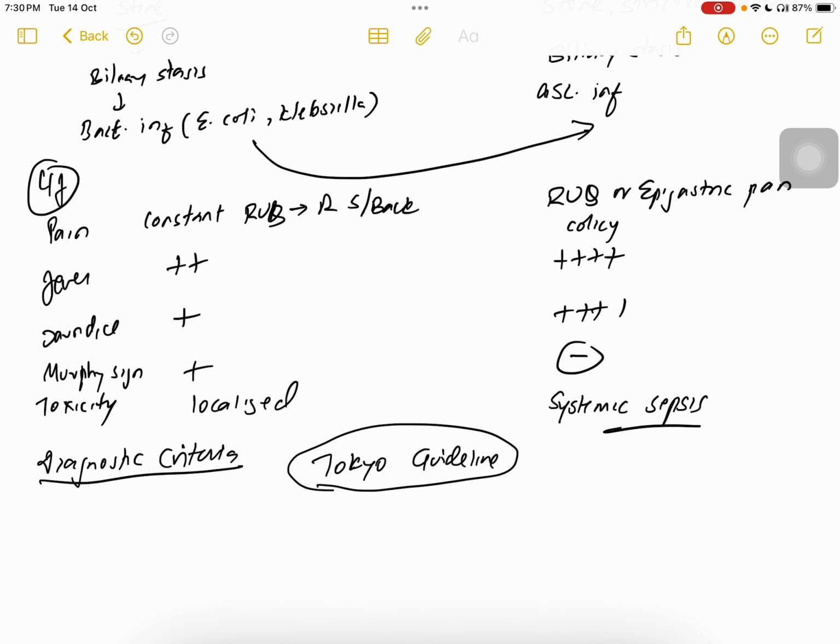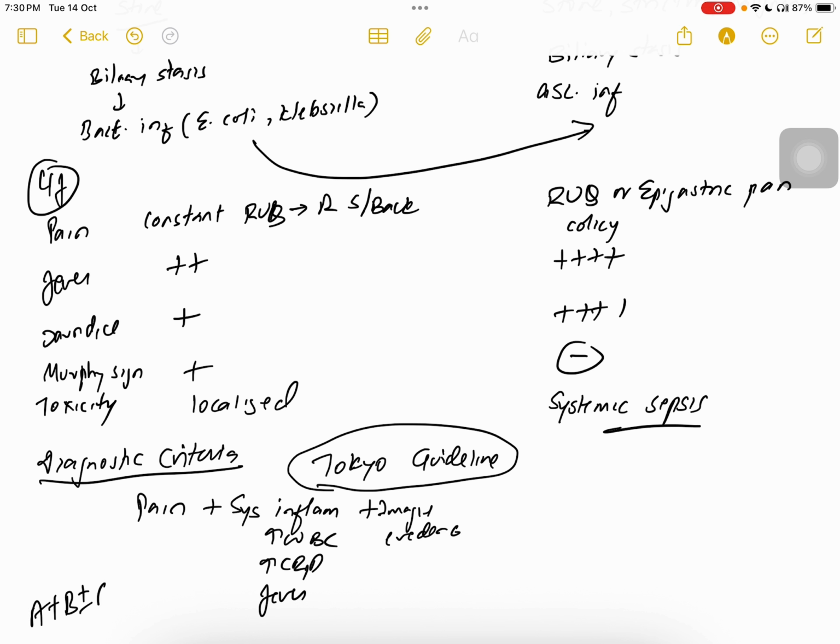In acute cholecystitis there is localized pain or positive Murphy's sign (A), signs of systemic inflammation, which is increased WBC, increased CRP or fever (B), and imaging evidence (C). Among them, A plus B plus or minus C, then we diagnose acute cholecystitis.